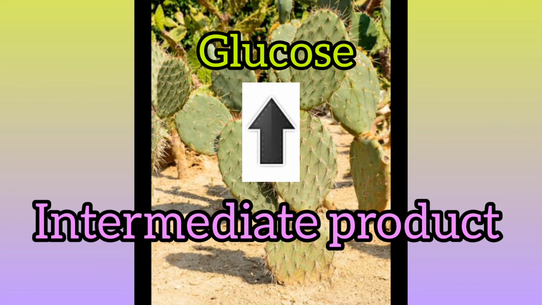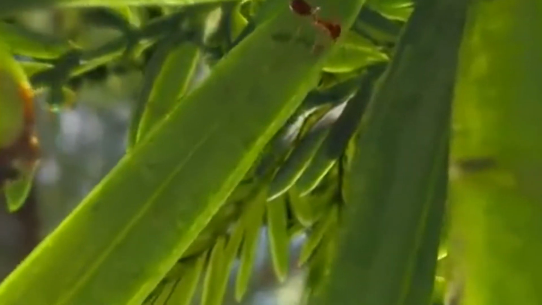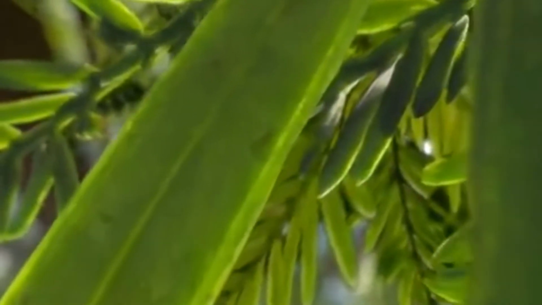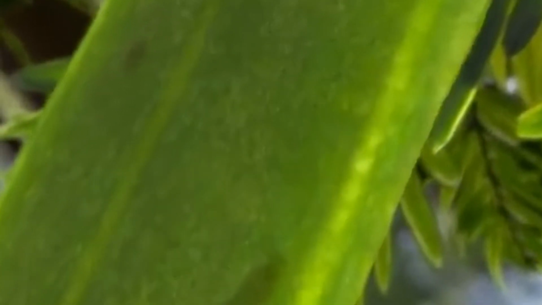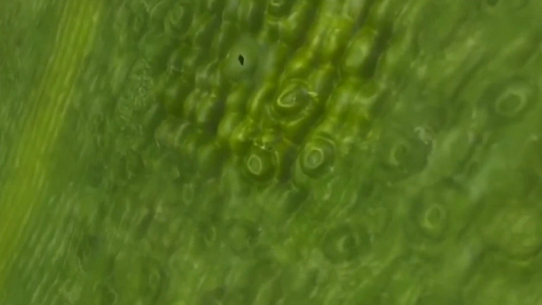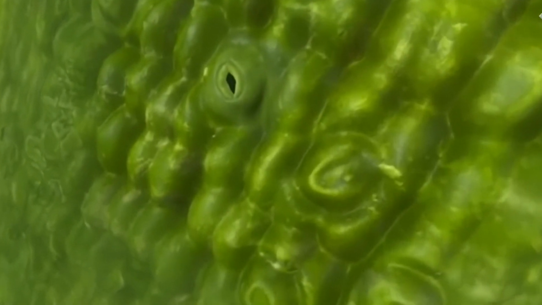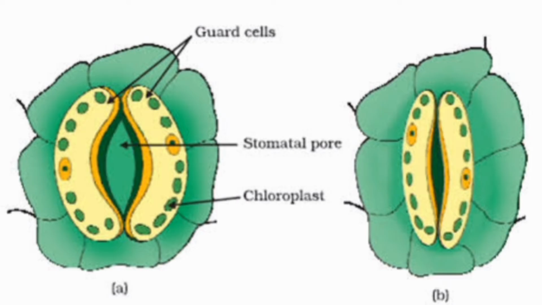absorbed by chlorophyll. What are stomata? These are the tiny pores on the surface of leaves through which the exchange of gases takes place. How can a stomata open and close? We know that stomata is simply an aperture or opening.